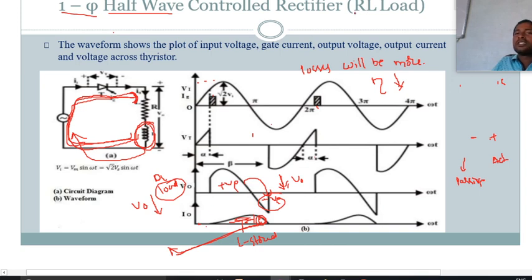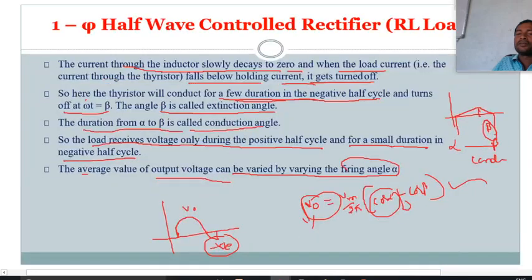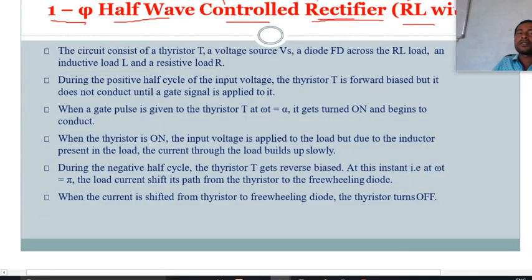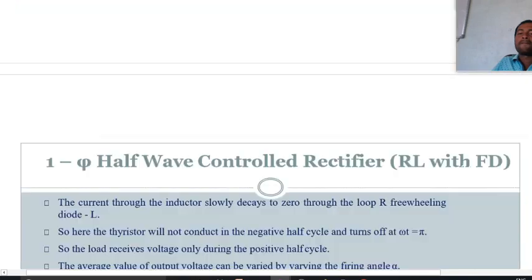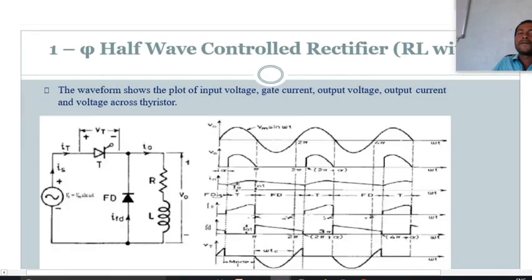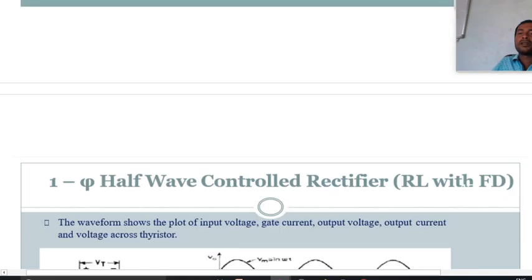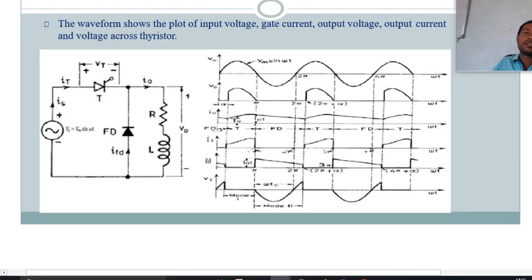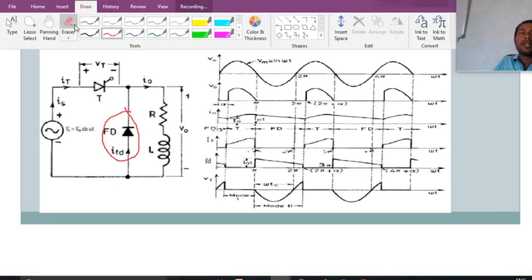These disadvantages can be overcome by using a freewheeling diode, FD. I will explain that clearly. This is the RL load, the previous circuit. If you remove this part, it becomes a plain RL load.